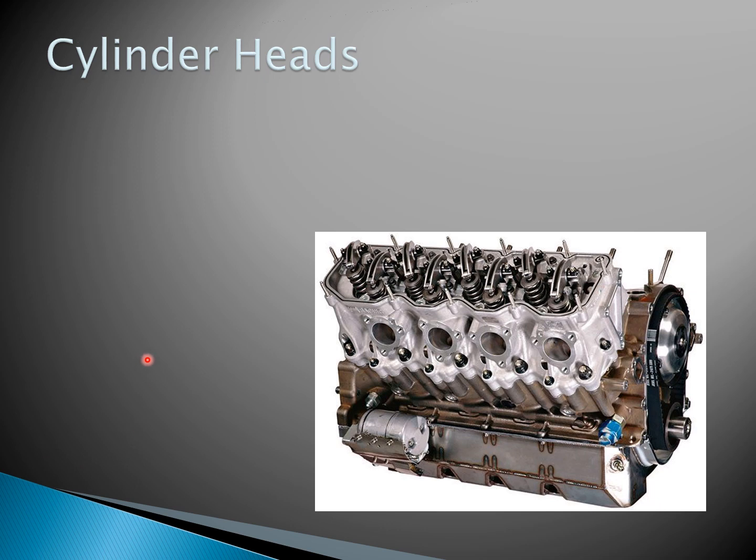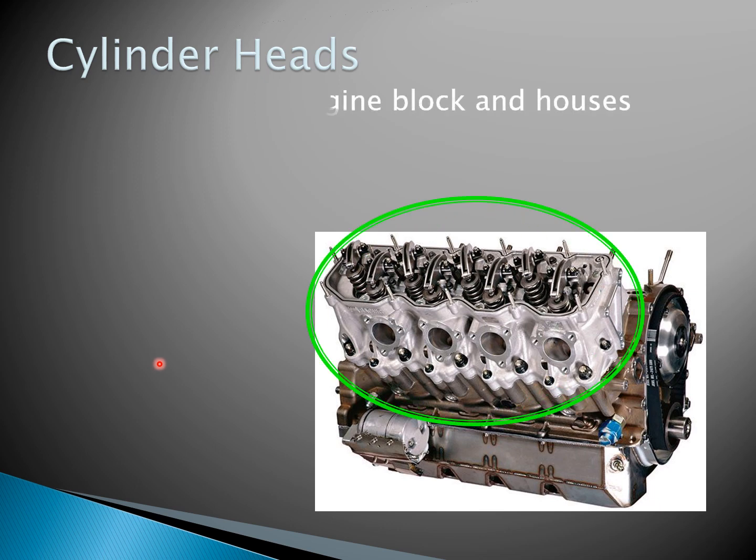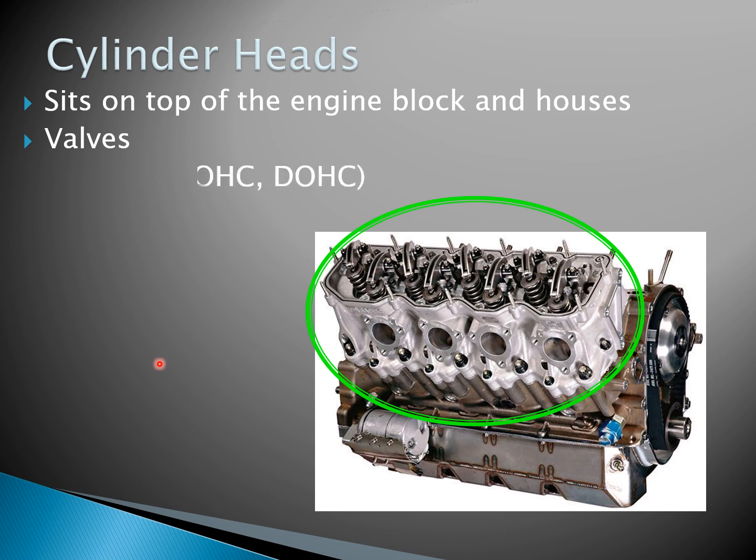All right, so moving on to the cylinder heads. The cylinder heads essentially sit on top of the engine block. If you think back to that picture, way back, the flat portion on top of the engine block is where the head sits. In the heads, and again, we're going to be simple, there's a lot more going on than what we're going to be able to cover, but our valves are located in there.